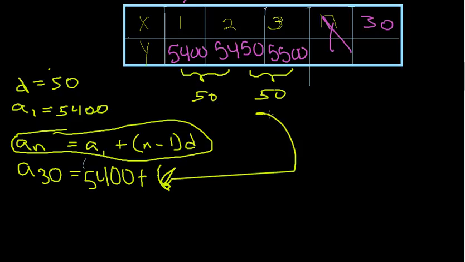You can lift your pen real quick. If you go up here and just click undo. Maybe it saved it. Let's just start it over. So, a sub 30 equals 5,400. Go ahead.